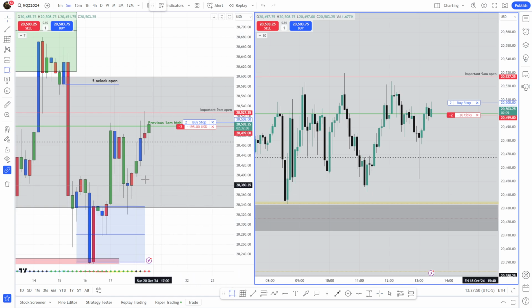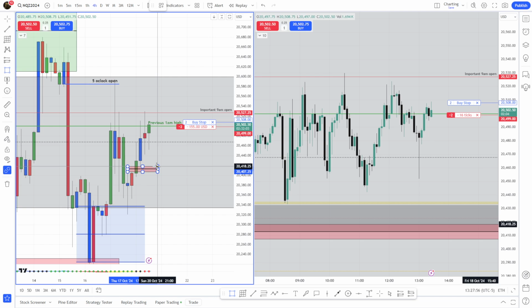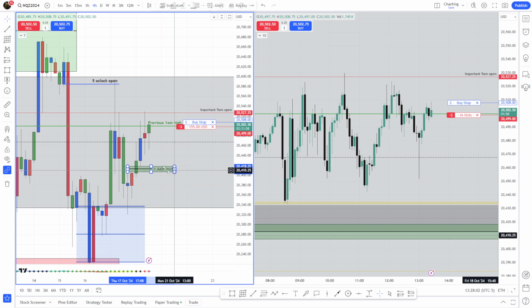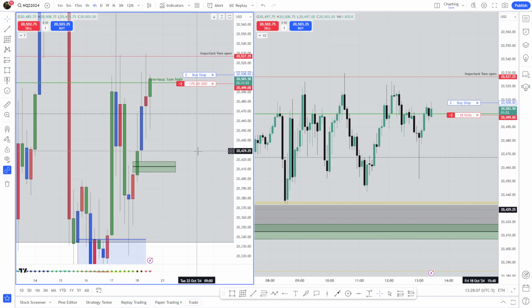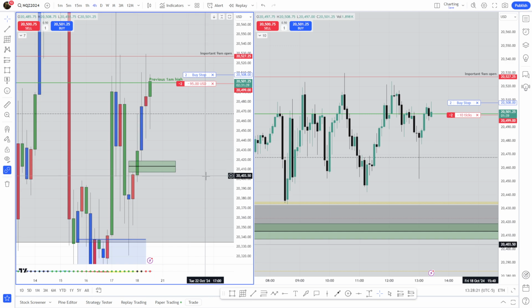Okay, when I talk about looking at PD arrays, I'm talking about finding where are important pieces of price action that haven't been tagged, where we can use our ICT concepts and look at, okay, well, what's happened?